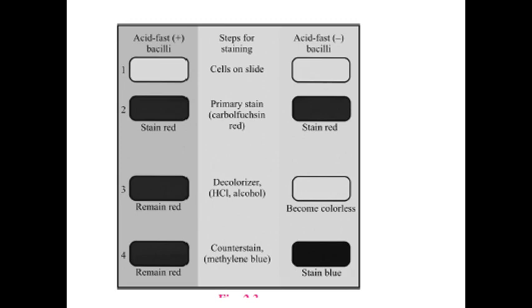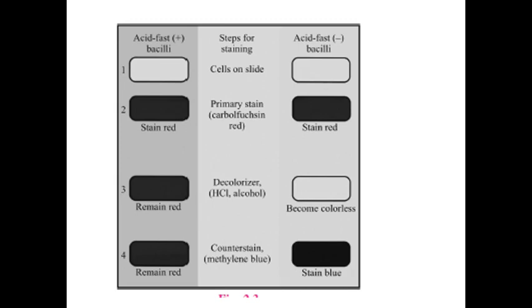Then when we add the counterstain, the methylene blue is only peripherally located on the acid fast positive bacteria, and when we wash with water, all the methylene blue molecules wash out and the primary stain remains in the bacteria.